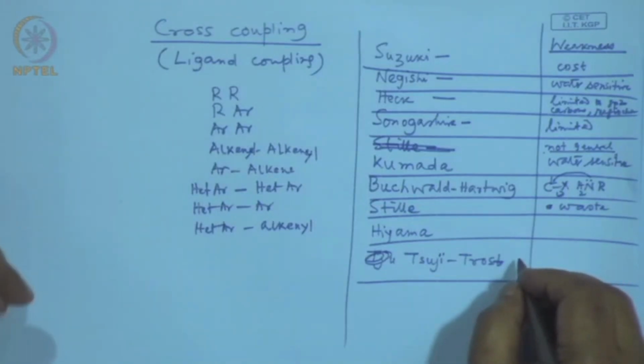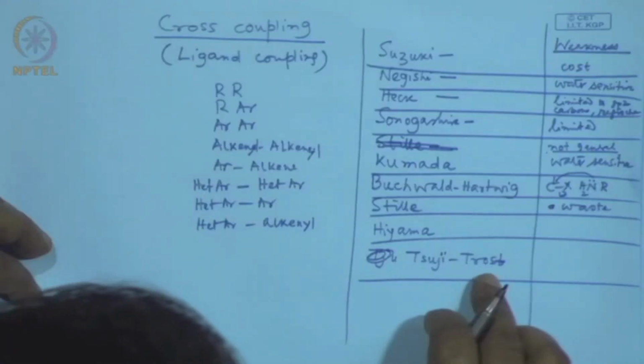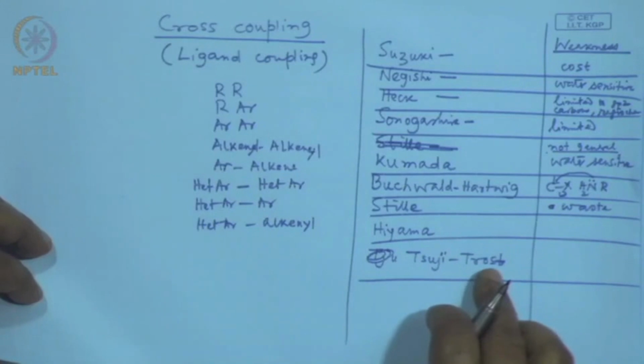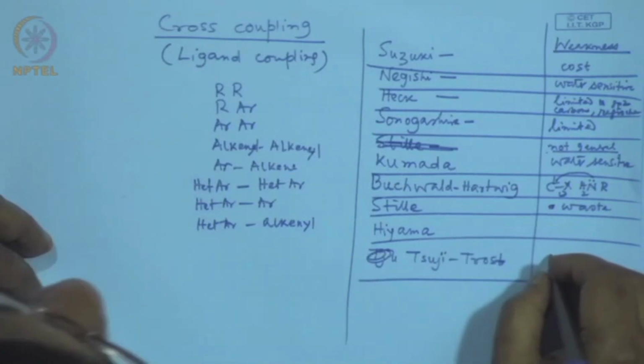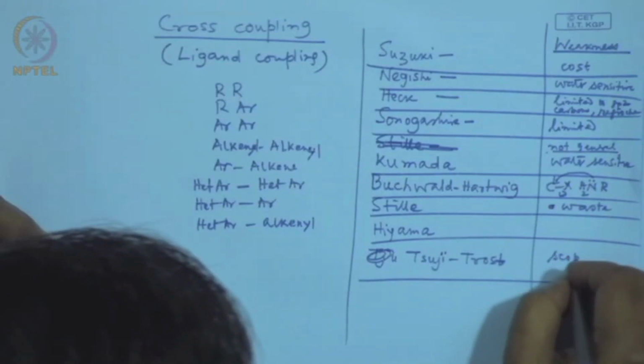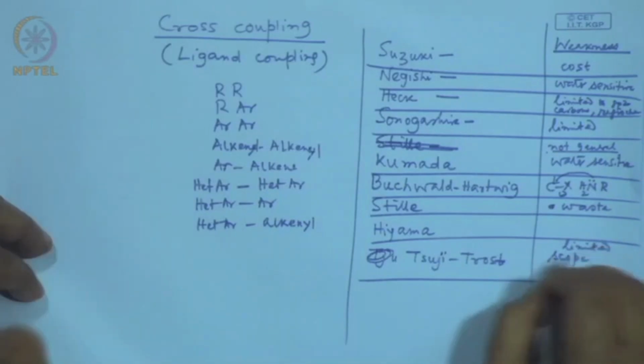So, this is Suzuki and Trost coupling. This is somewhat separate, but again it is limited in scope. What it means is it always requires an allylic acetate, oxygenated allylic compounds.